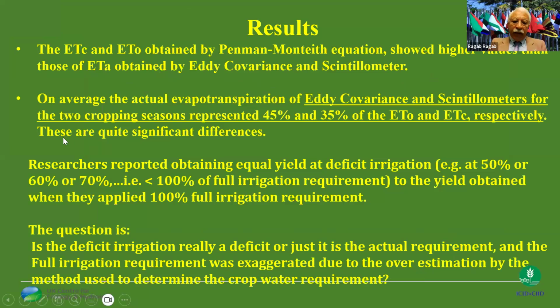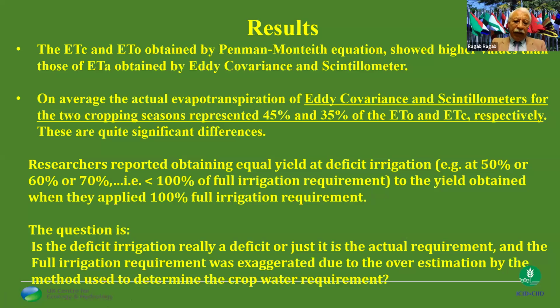And that brings us to another issue. A lot of researchers reported that they obtained the same yield at 50 or 60 or 70% of the full crop water requirements calculated by the modified Penman-Monteith as when they apply 100% irrigation water.